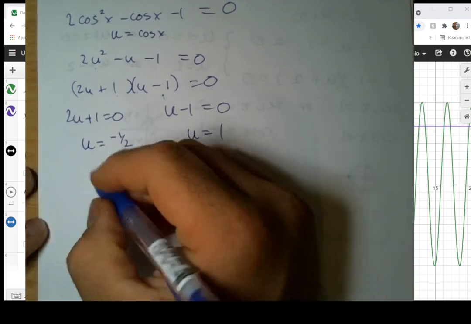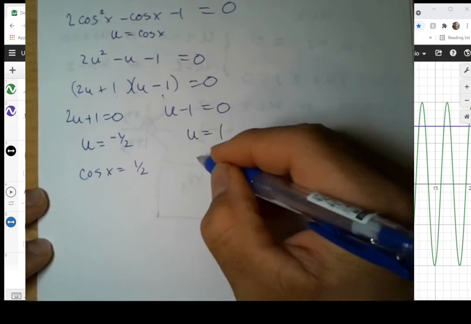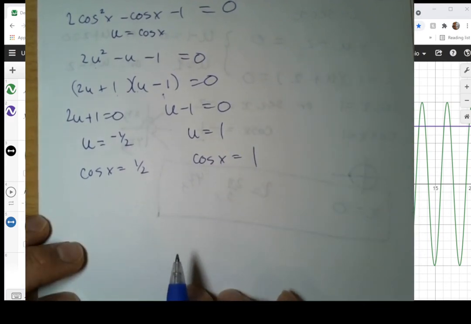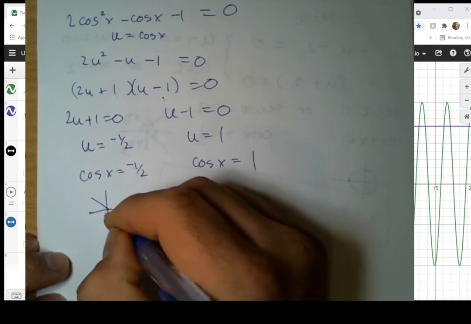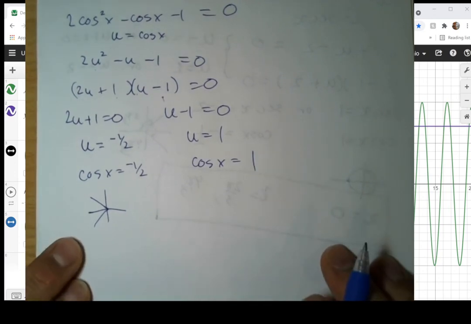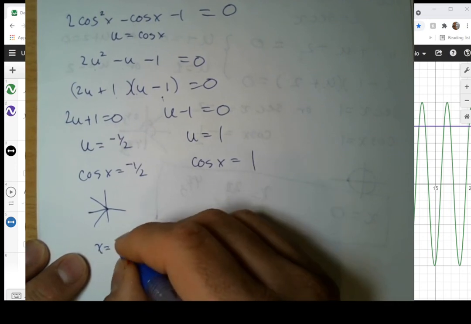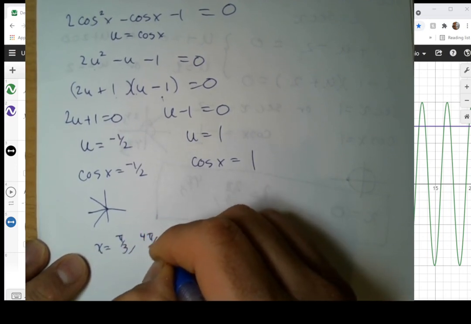All right, and back substituting. Cosine x equals negative 1/2, and we've seen already here, cosine is negative in quadrant 2 and in quadrant 3, corresponding to values of 2 pi over 3 and 4 pi over 3.